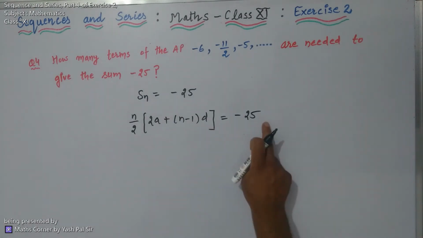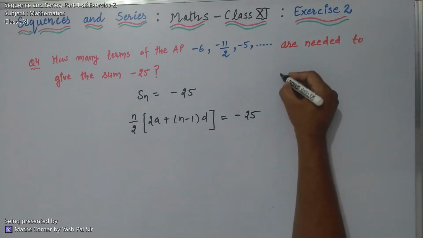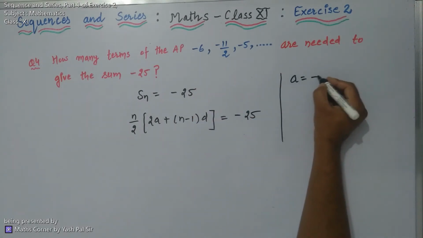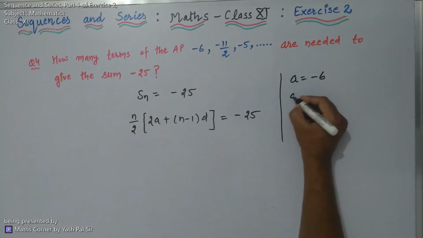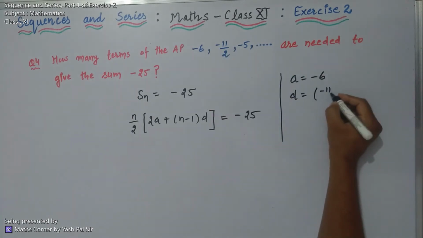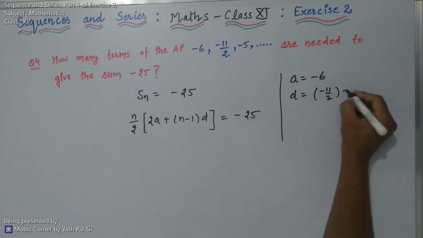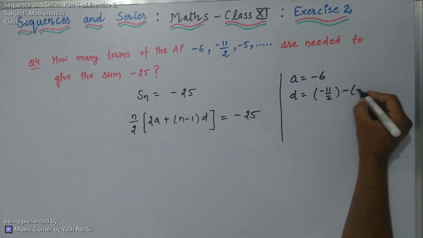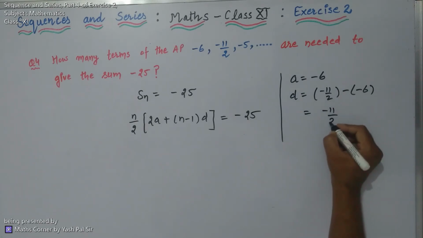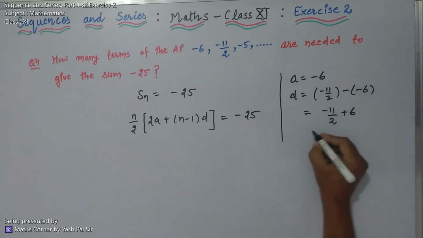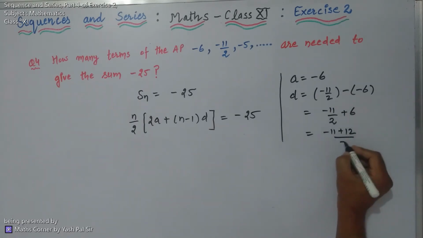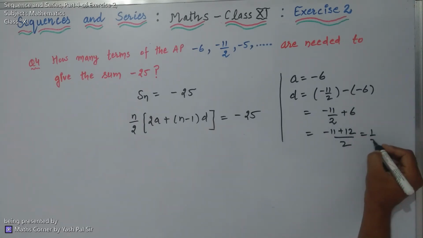Multiplying this 2 here, this becomes, moreover, first term a is equal to minus 6, and what is d? D is equal to second term minus 11 upon 2 minus first term, this is minus 6, this is equal to minus 11 plus 12 upon 2, equal to 1 upon 2.